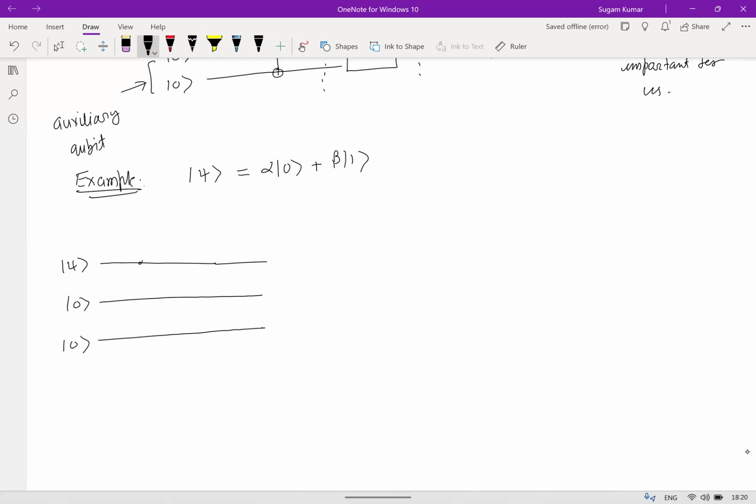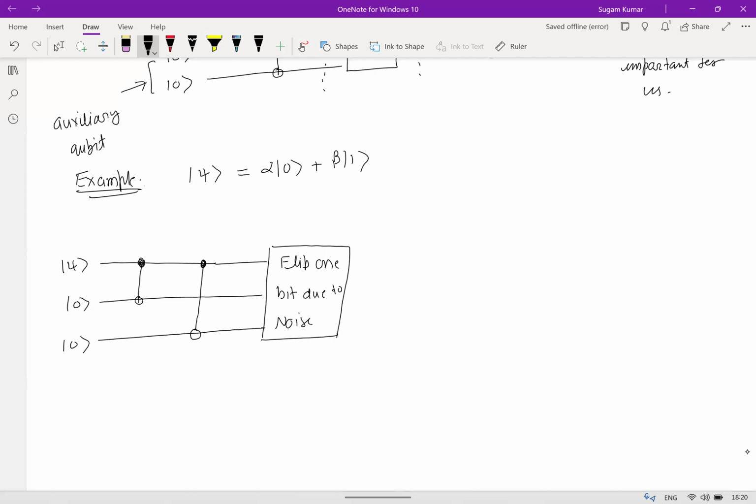And then I will apply a CNOT gate here and another CNOT gate here. And let us say in this region some error occurs. Here, let us say I'm talking about the flip of 1 bit, maybe due to noise.